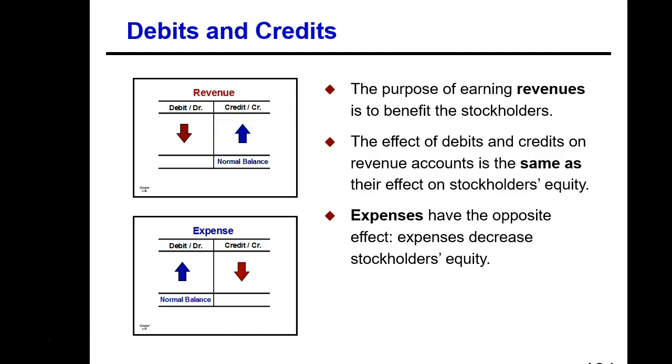Therefore, revenue accounts increase on the credit side, the same as stockholders' equity. But expenses is money taken out of the business in order to earn revenue. Therefore, expenses decrease your stockholders' equity. Expenses will increase on the debit side. The debit side is their normal balance side.